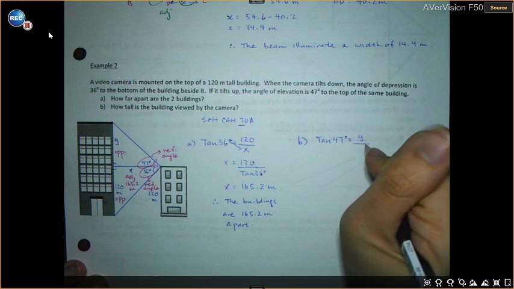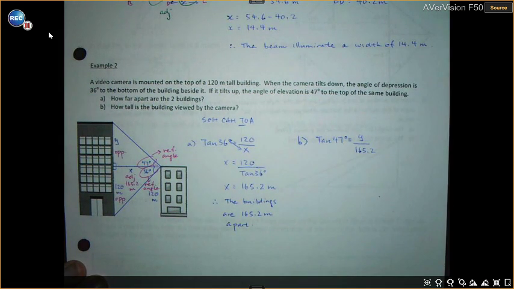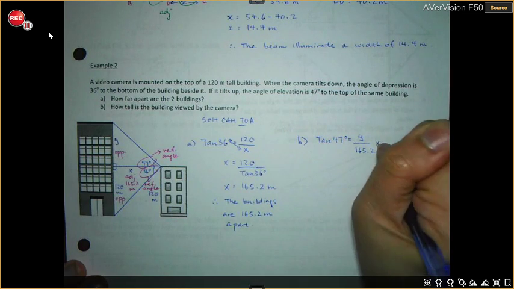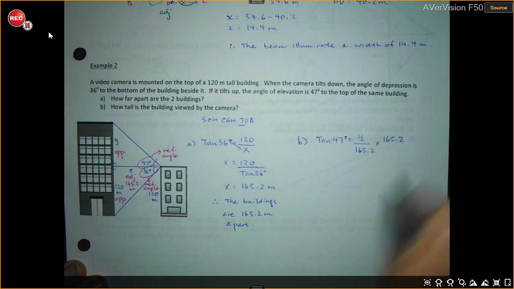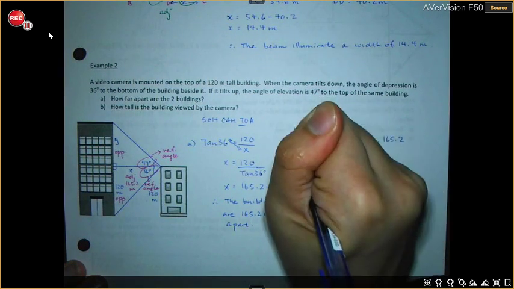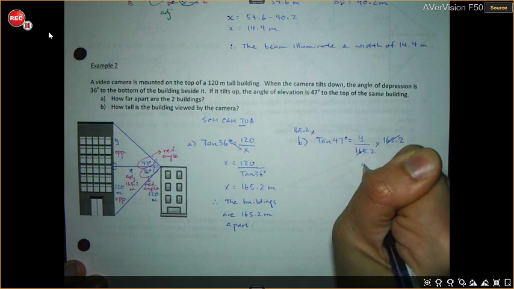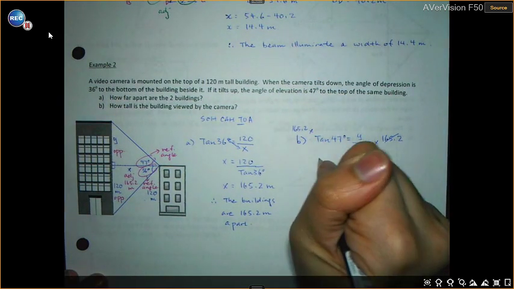We do have the adjacent, 165.2. This time the unknown is at the bottom of the fraction? No, on top, so to get rid of the denominator we'll multiply both sides by that number, 165.2. It cancels out. y will get 177.2.